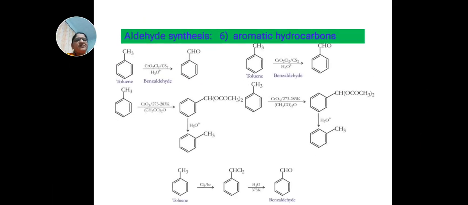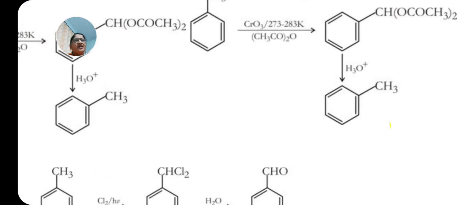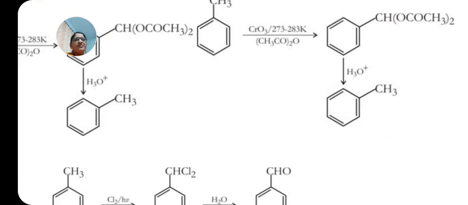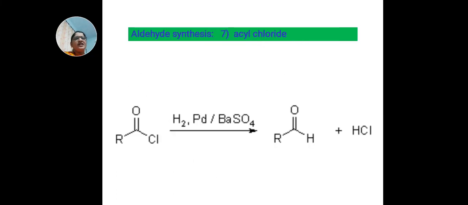Then the next one, again toluene, the last reaction: toluene in presence of chlorine in UV light gives first CHCl2 attached to the benzene nucleus, and then the aldehyde if this reacts with H2O at 373 Kelvin.